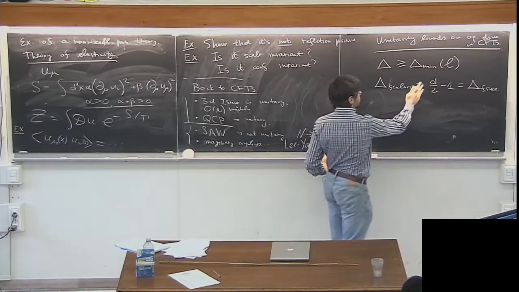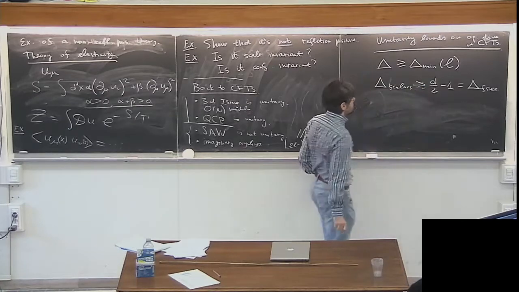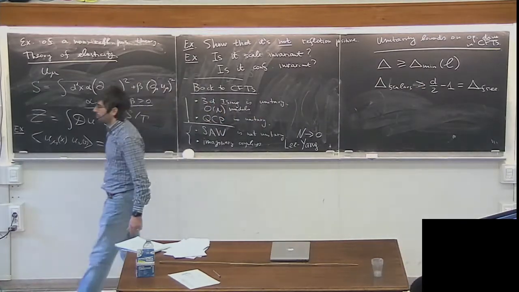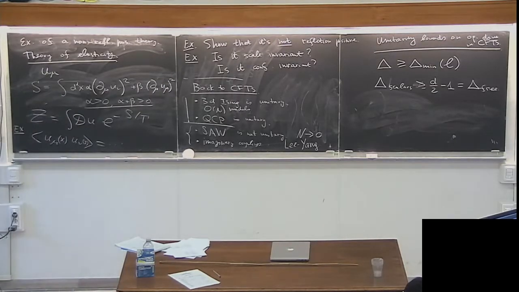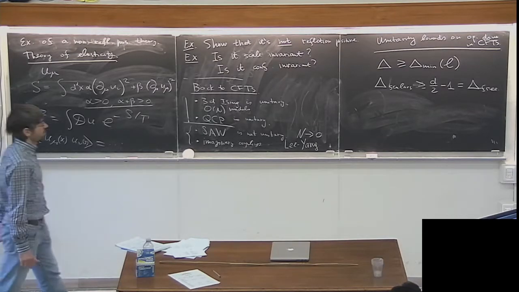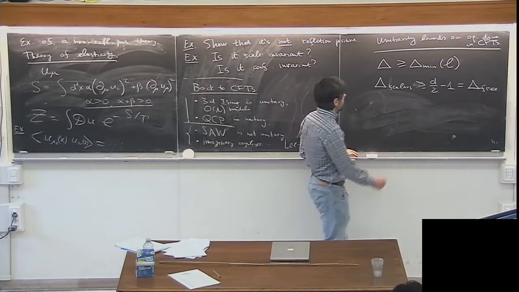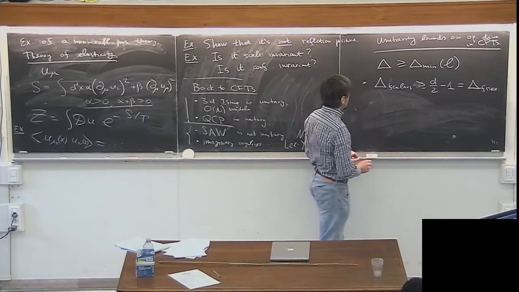So the dimension of scalars is greater than or equal to d over 2 minus 1. It's very intuitive. If you have a free scalar field, you turn on any interaction in the unitary theory, the dimension can only go up. Any interaction only increases the dimension of a scalar field. So this is one property.